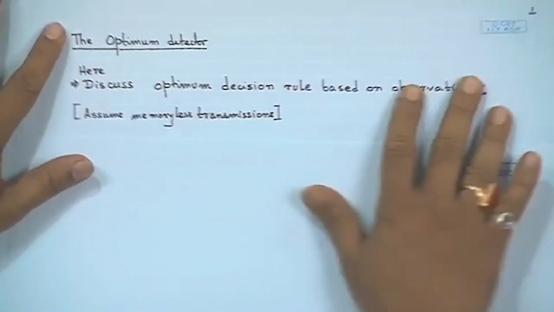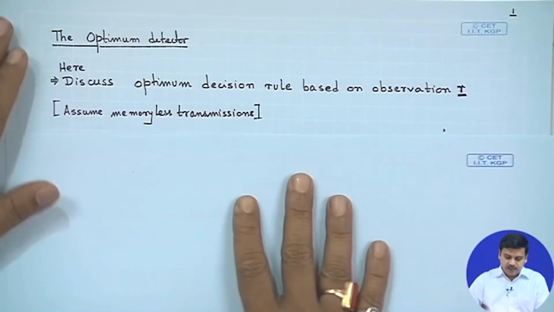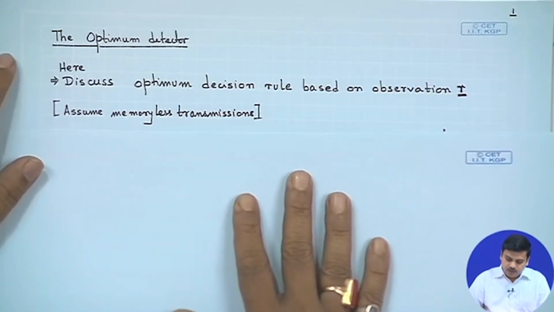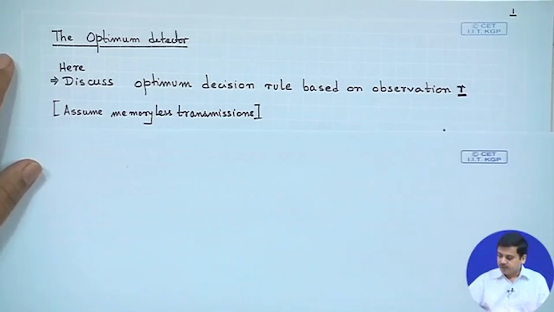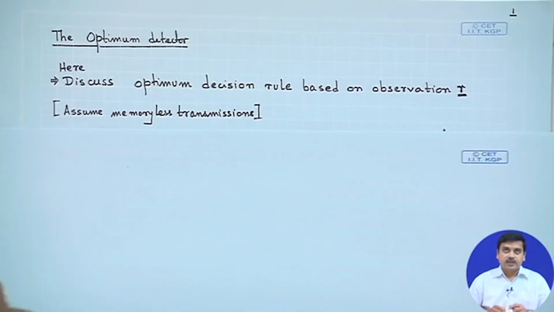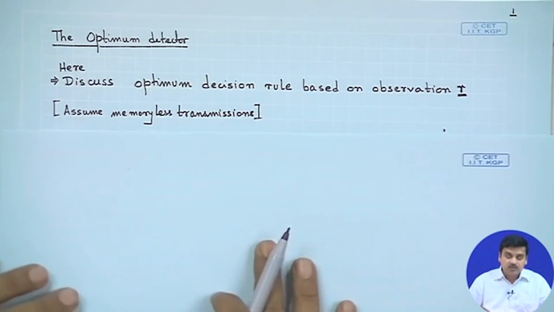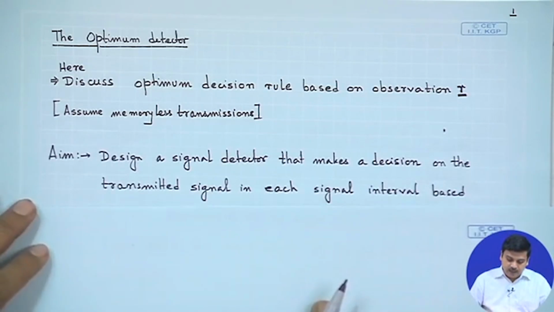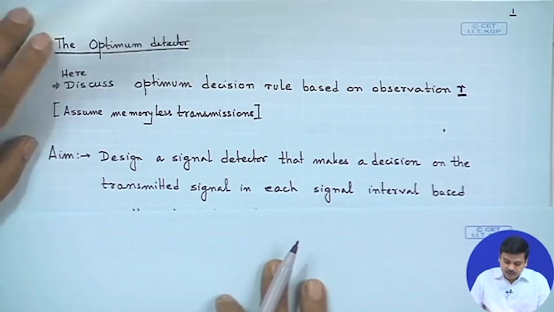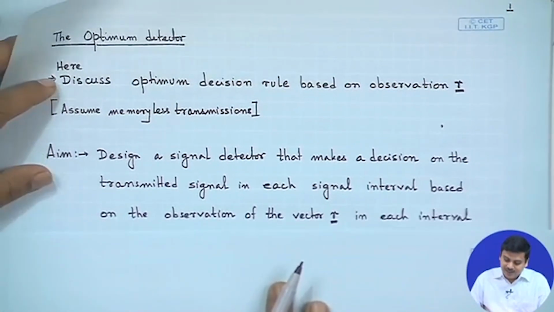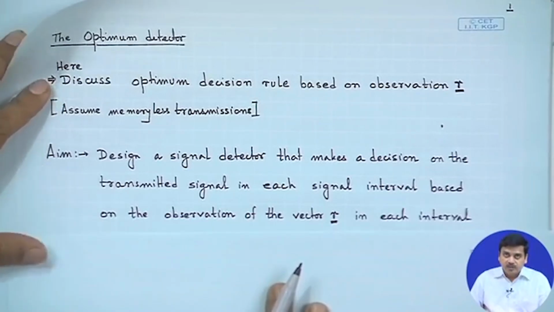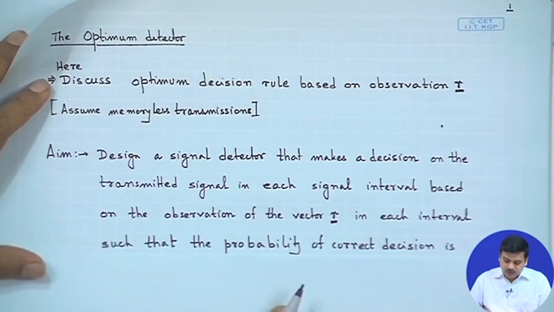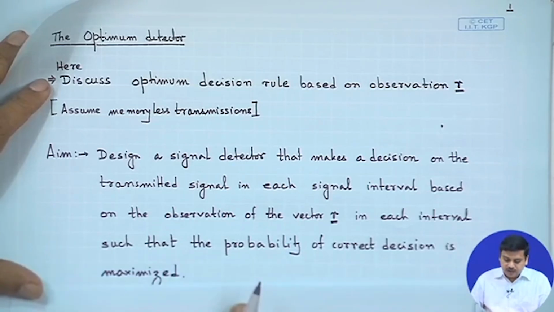So we move on to our discussion on the optimum detector, and we said that the optimum decision rule is to be based on the observation of the vector r, and for this case we assume memoryless transmissions. Our aim is to design a signal detector which makes a decision on the transmitted signal in each signal interval based on the observation of the vector r, such that the probability of correct decision is maximized.